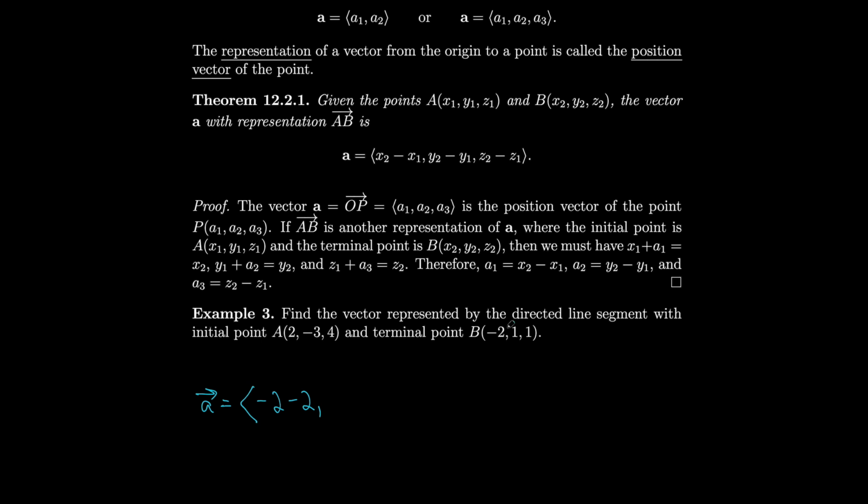And then we've got 1, minus -3, because I've got to subtract, so that's 4. And then I've got 1, -4. So -4, 4, 3 is the vector represented by this line segment from these 2 points.